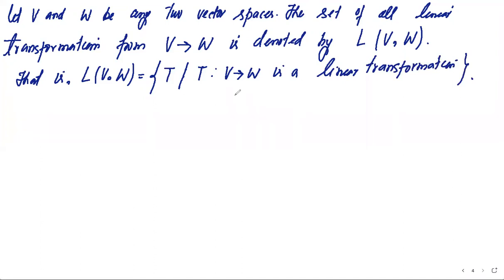So that is the collection of all linear transformations that can be defined between two vector spaces V and W. That collection of all linear transformations is denoted by L of V, W.